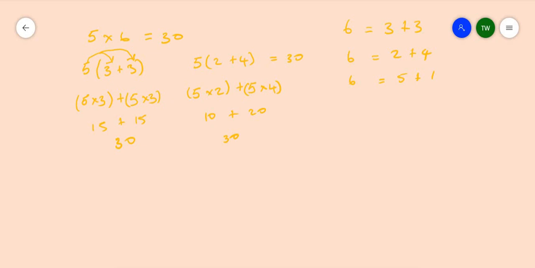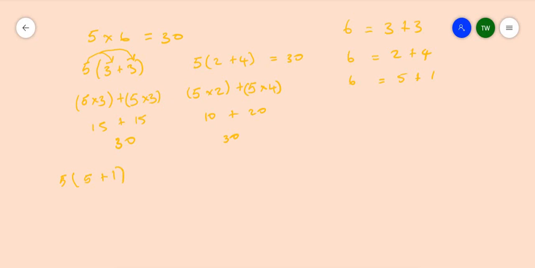I'm going to try it for the last one as well. So the last one would have 5 times 5 plus 1, right?